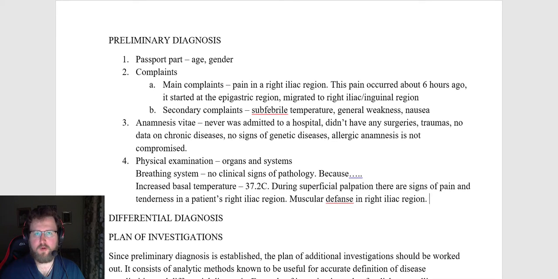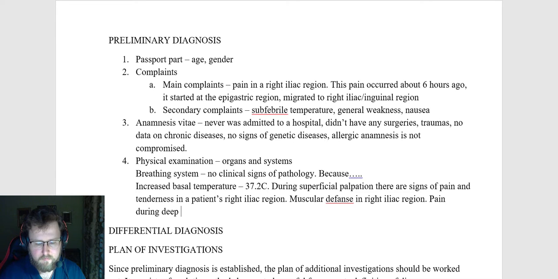We've also found out that he experiences pain beside that. We've found out that in a similar area he has positive symptoms of peritoneal irritation.